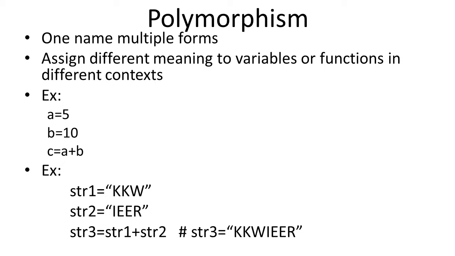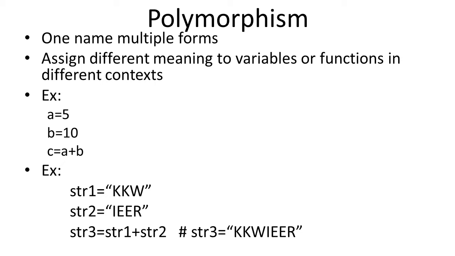I would like to make a point that polymorphism is not only provided by object oriented programming, but it is also provided by other programming paradigms like structured programming or procedural programming, and also logic programming or monolithic programming in some cases. Let us go through some of these examples.